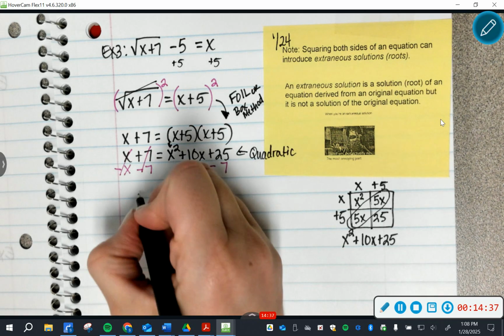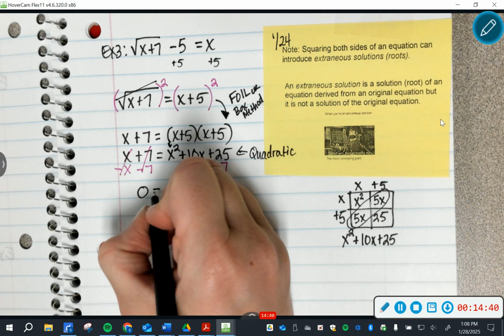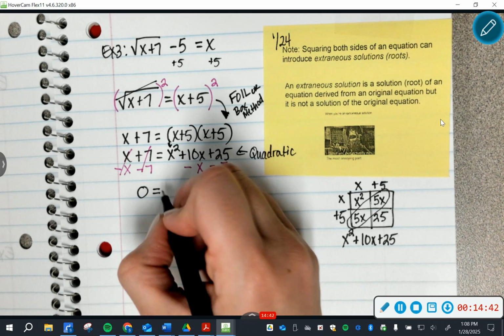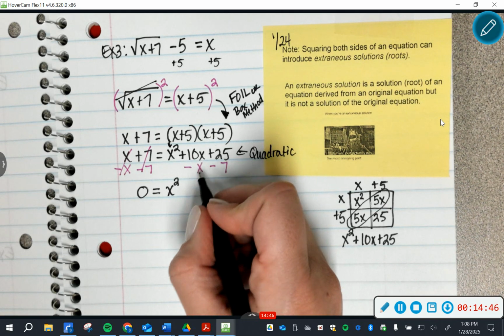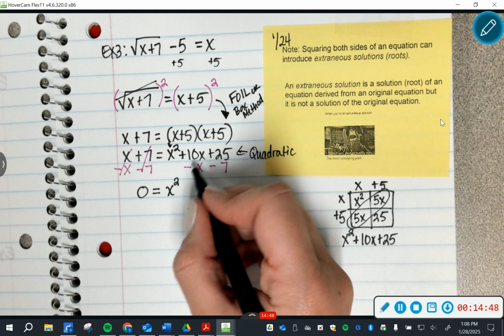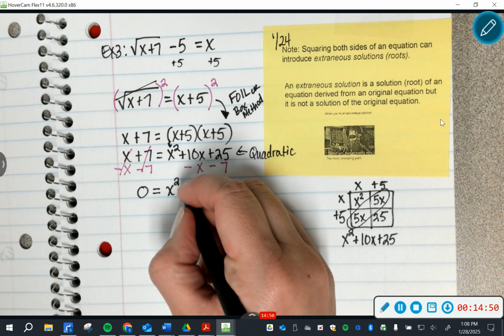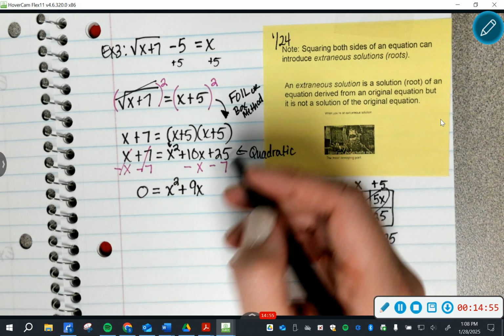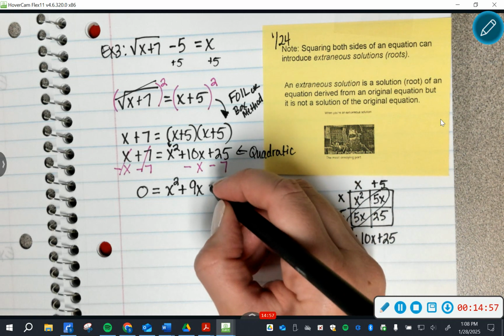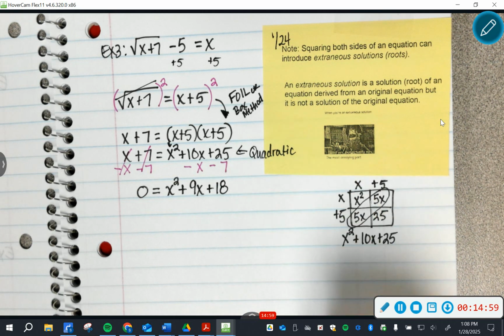So now we have 0 equals x squared, 10x minus an x. 10 apples minus an apple is 9 apples, right? So plus 9x. And 25 minus 7 is 18.